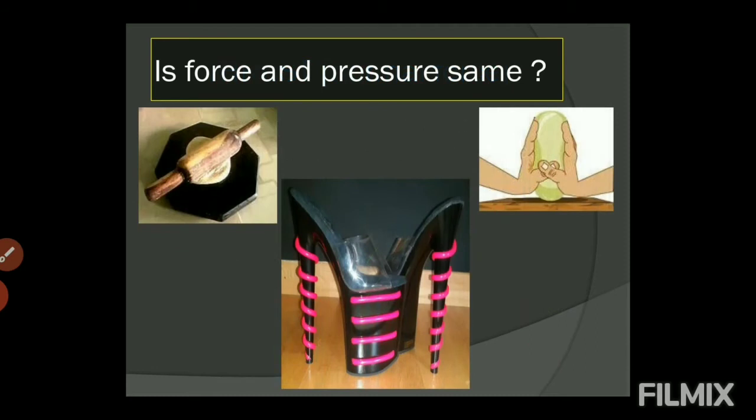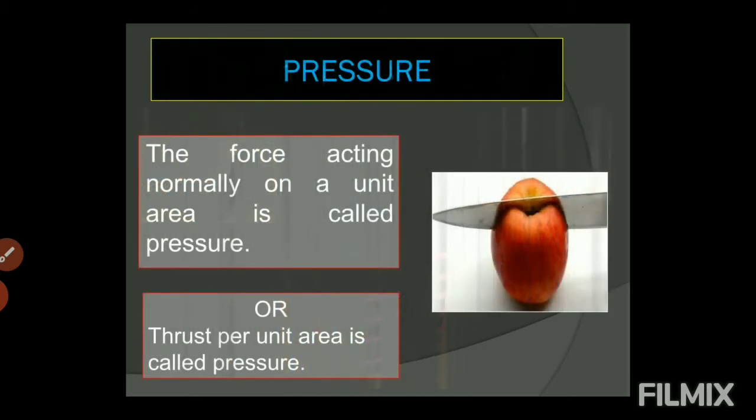Is force and pressure the same? Force and pressure are not the same, but they are dependent on each other. So how are they dependent? We will be learning. Pressure is the force acting normally on a unit area. It is also defined as thrust per unit area. So we can define pressure in both ways.